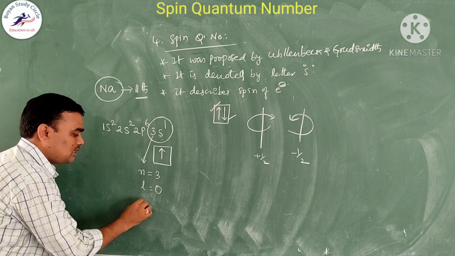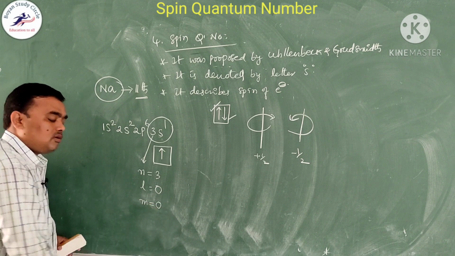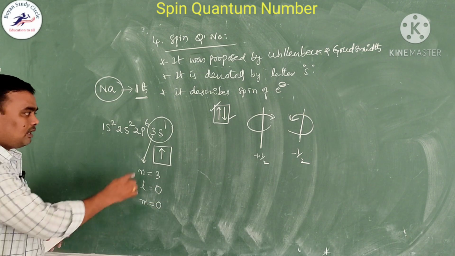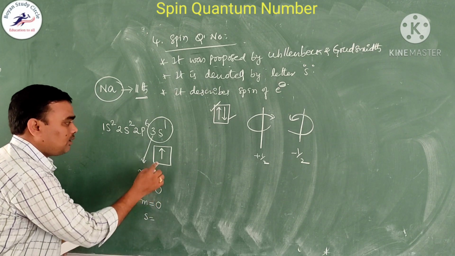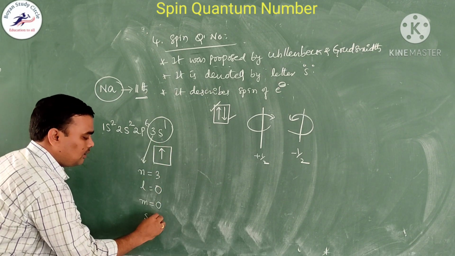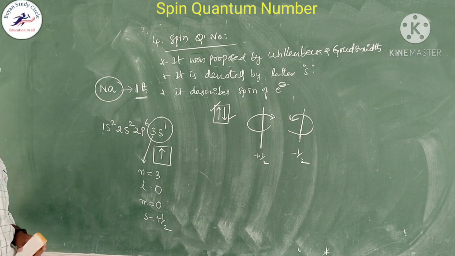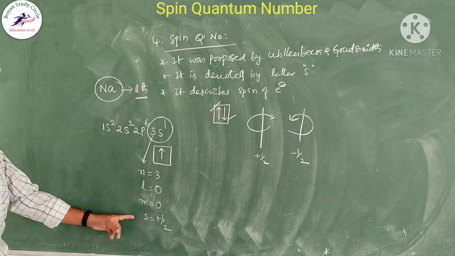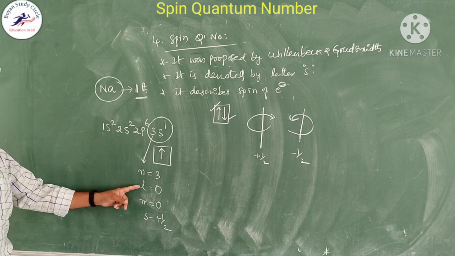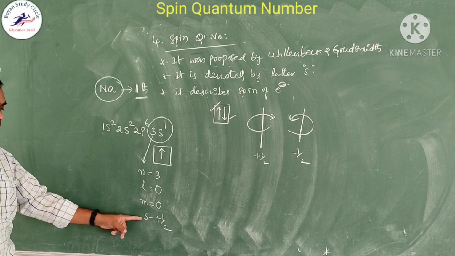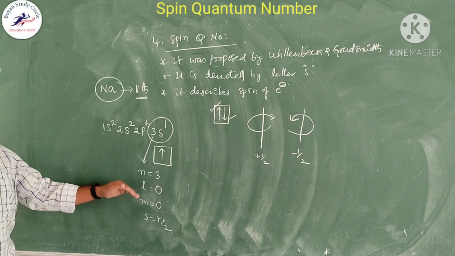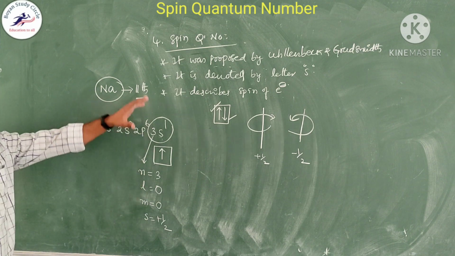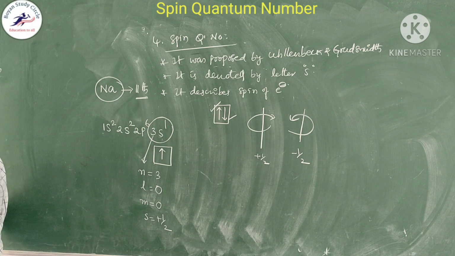When the l value is 0, the m value is also 0. And what is the spin quantum number? Only one electron, clockwise, that is plus half. So the 4 quantum numbers are n equal to 3, l equal to 0, m equal to 0, s equal to plus half. In this way you can write the complete address of the electron using these 4 quantum numbers.